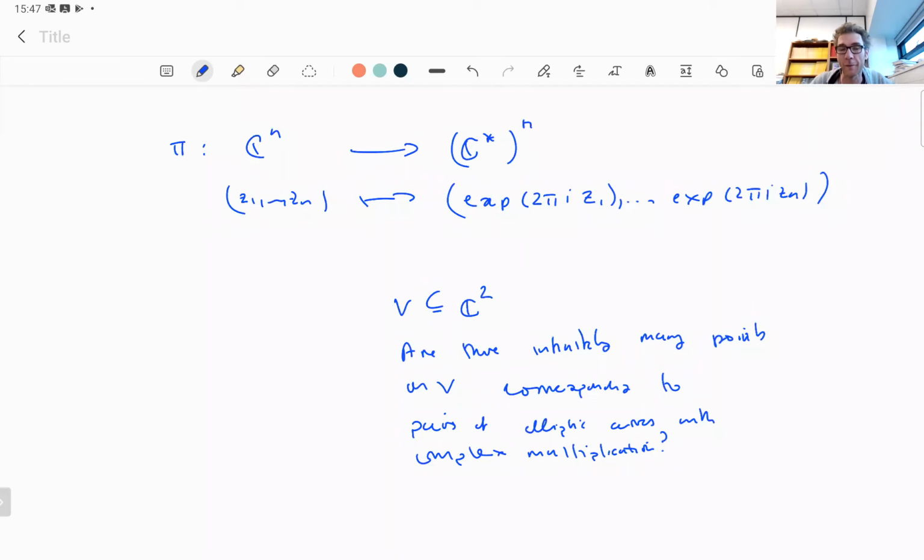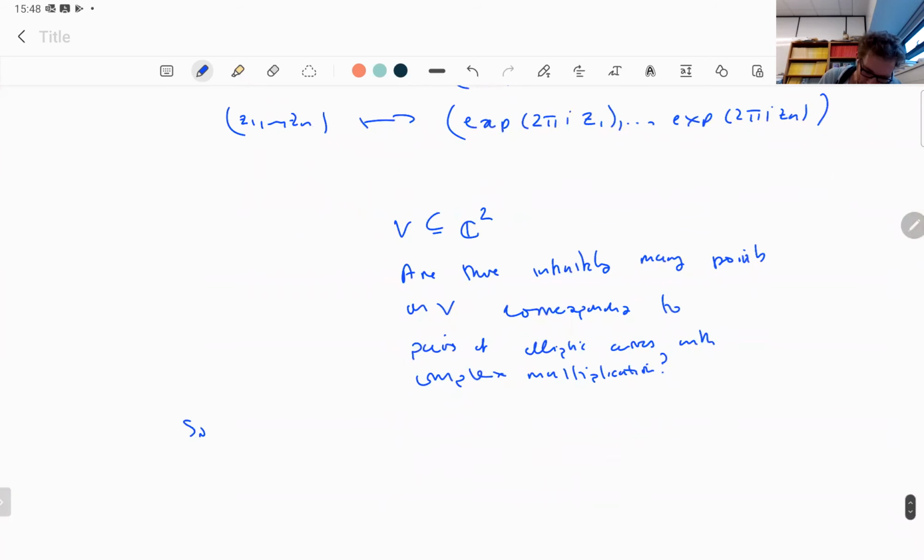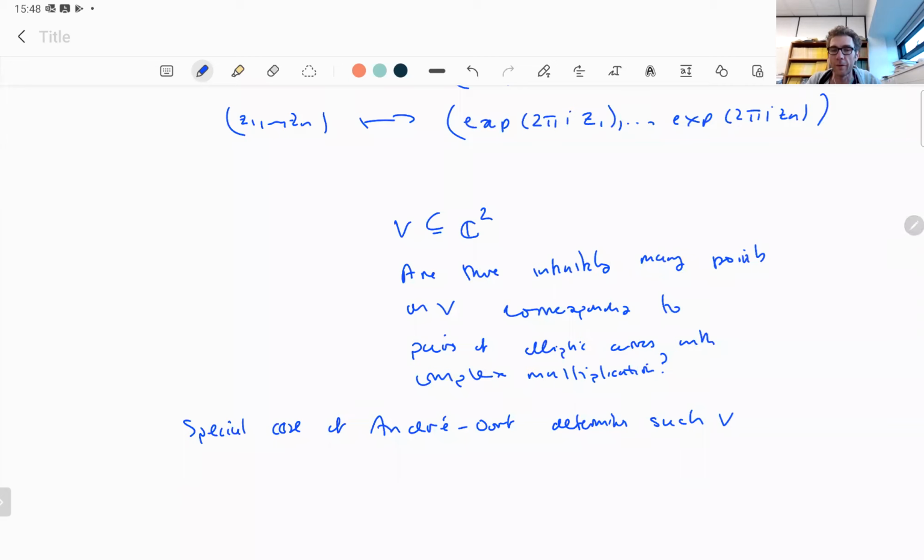but the V's for which there obviously are, are special, and the André-Oort conjecture, in this case a special case of André-Oort, determines all such V. It says if V is not of one of the following special forms, then there are only finitely many points on it which correspond to pairs of elliptic curves with complex multiplication.